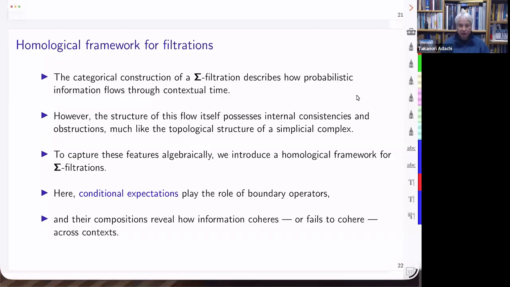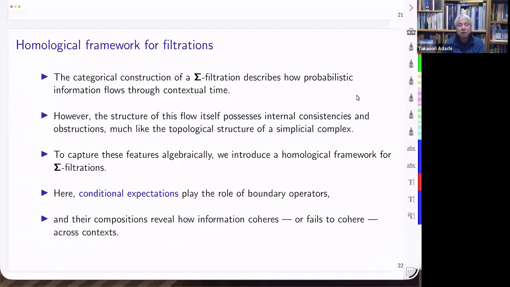Homology is a tool in algebraic topology used for representing obstructions or holes, for example, if there is a hole in the ball, then it becomes a torus.